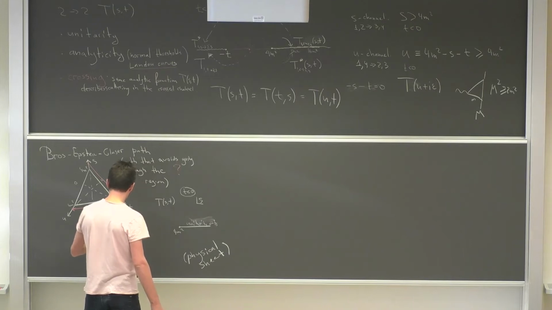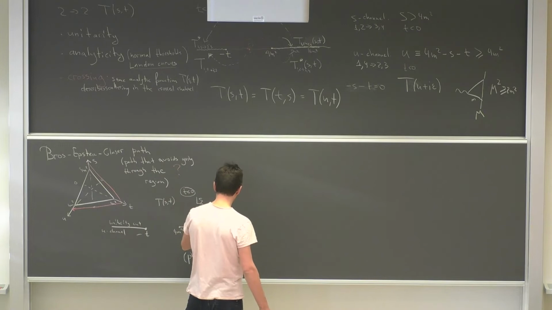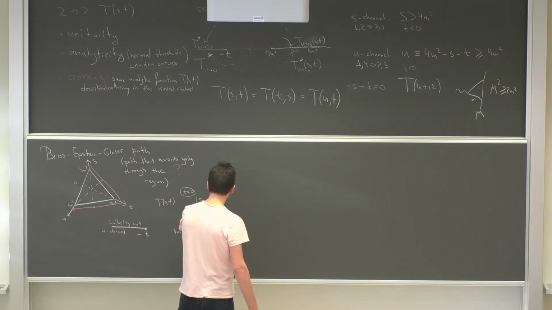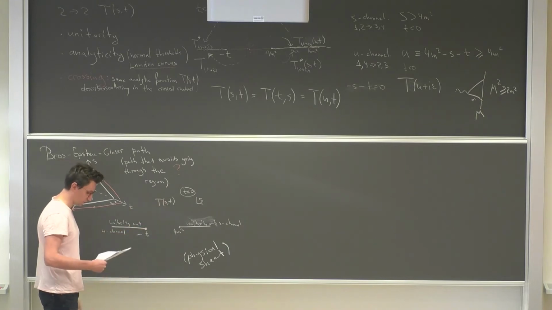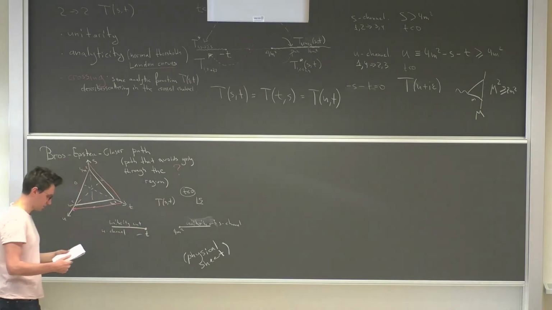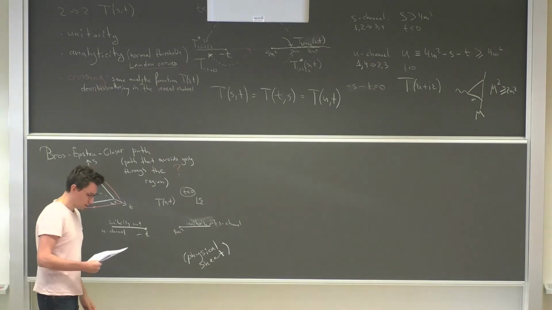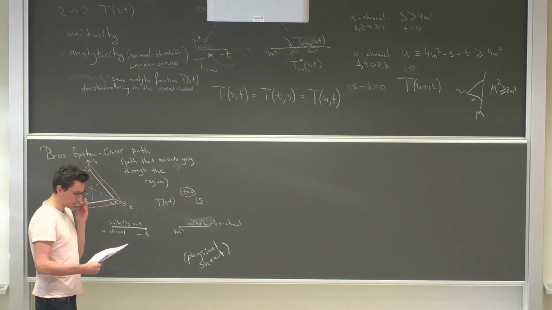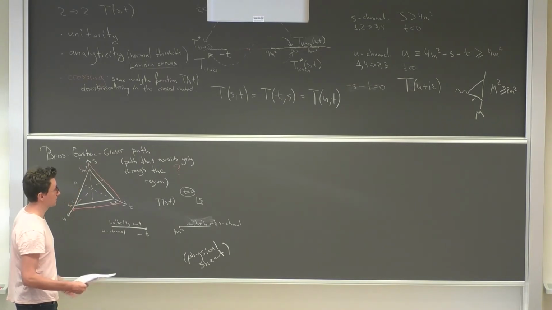The U channel. And this is the S channel unitarity cut. But of course, this is a function of two variables, and it's natural to make both of them complex. And so the question is, what happens then?